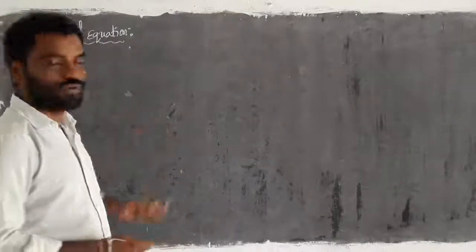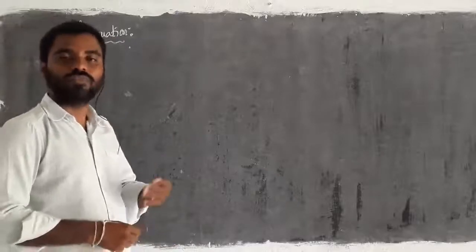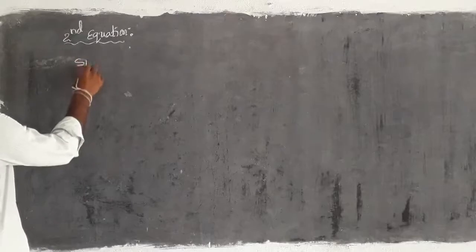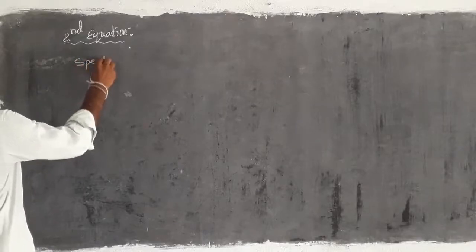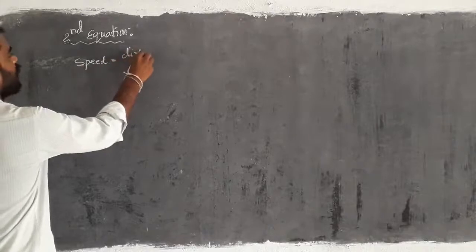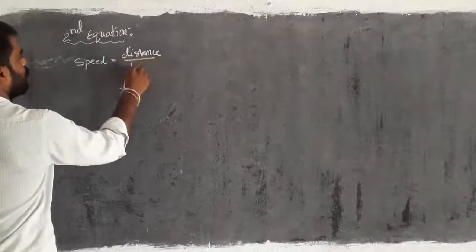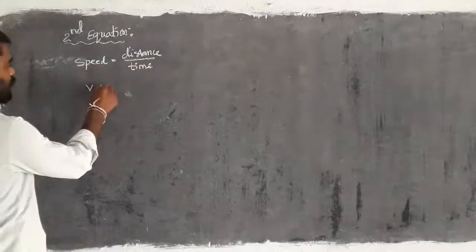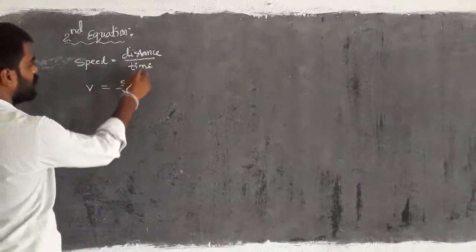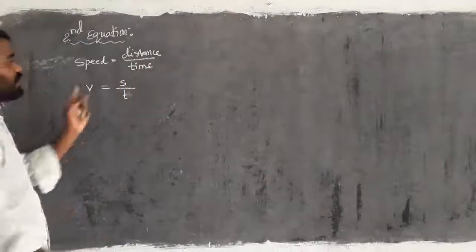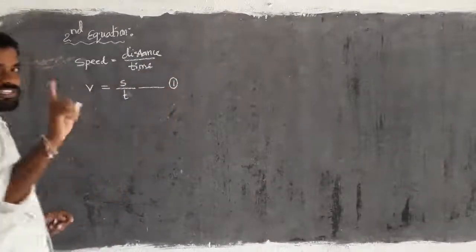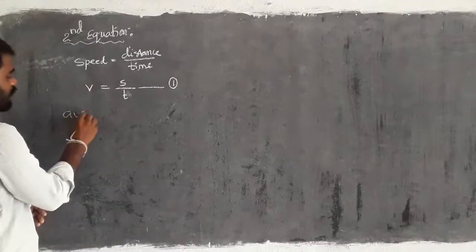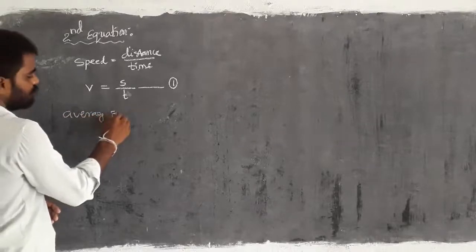Now we have to discuss the second motion equation, which we call the second kinematics equation. Simply, we can write speed is equal to distance by time. Right? So here speed we represent with v, distance with s, and time with t. This relationship you write as equation number 1. Next we have to take average speed.